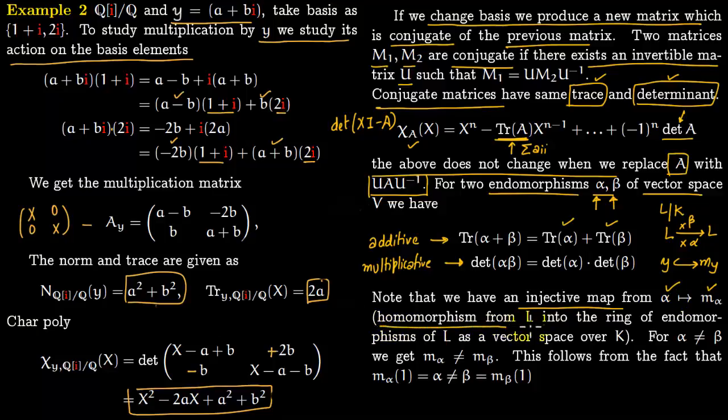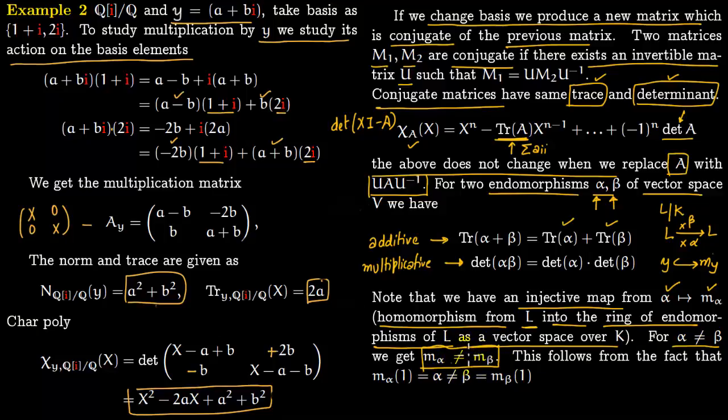So there is a homomorphism from L, just from multiplication, taking an element of L, multiplying it by something and ending up in L. So there is a homomorphism from L into the ring of endomorphisms of L. That is the matrices which take the vector space L to L as a vector space over K. So that we already knew. So to every element y we are attaching a matrix, and this is the ring of endomorphisms, because you can add these matrices and multiply them. So for alpha not equal to beta, we will get that these two matrices are not equal to each other.